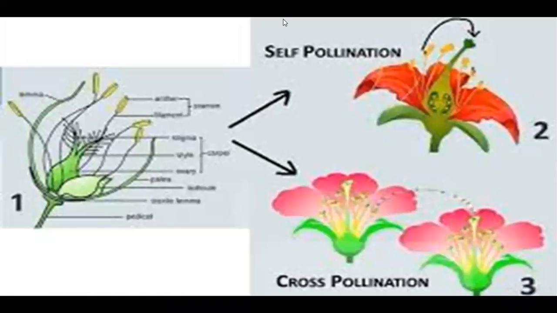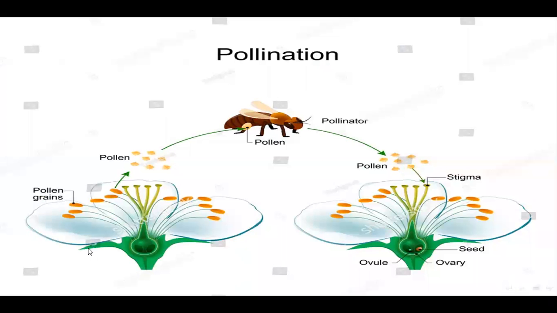Here you see in self-pollination, this anther falls onto the stigma of the same flower, but in cross-pollination, the anther falls to another flower. It is called cross-pollination. This process also shows you cross-pollination.